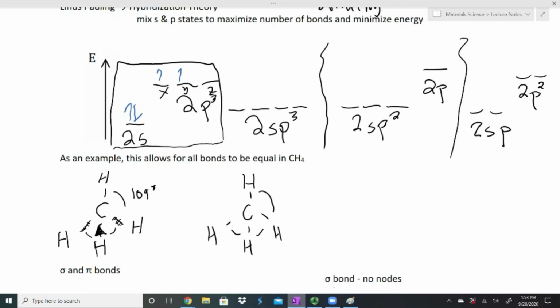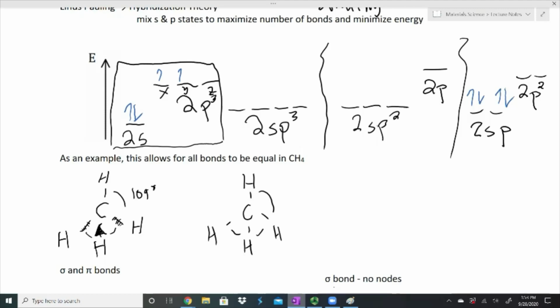I could do the same thing with all of these. Let's start on the right-hand side. If I fill in my 4 electrons, spin up, spin down, spin up, spin down, there are no lone pairs. There's nothing left to bond.